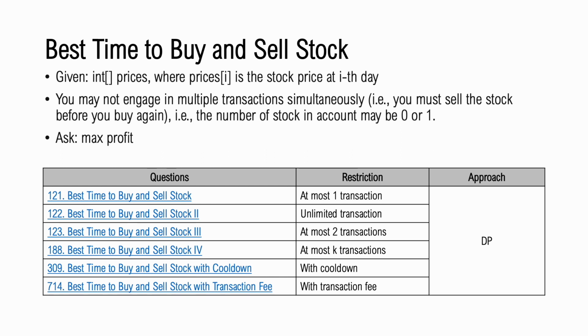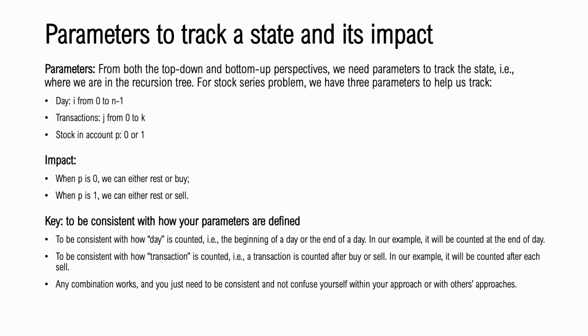We can see that from the recurrent tree, because all these problems have the two attributes for a problem to be solved with dynamic programming. Whenever we have a recurrent tree, we need parameters to help us track the state, basically where we are in the recurrent tree. From both the top-down and bottom-up perspectives, we need parameters to track where we are.